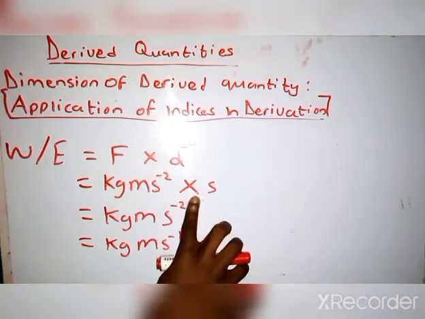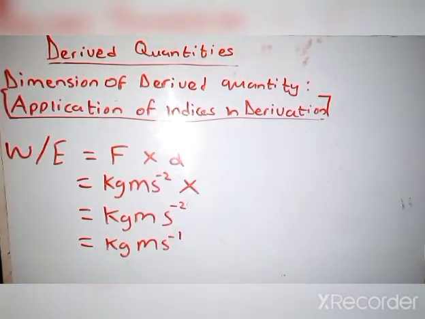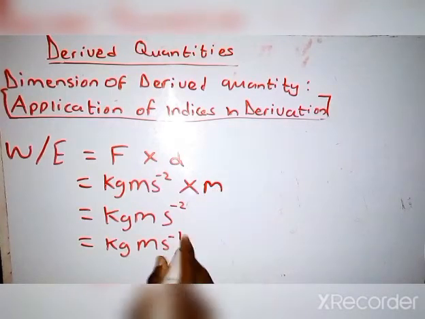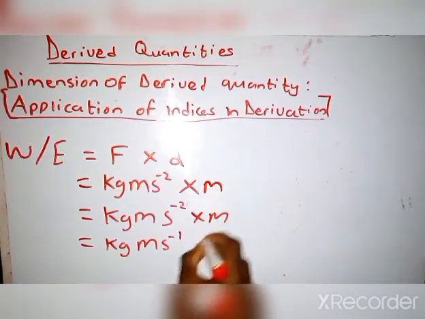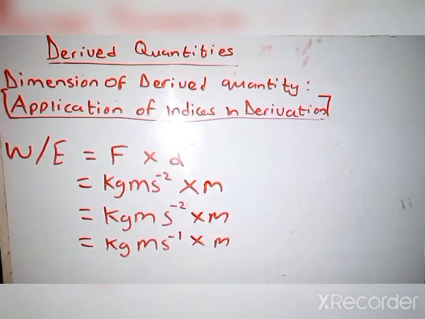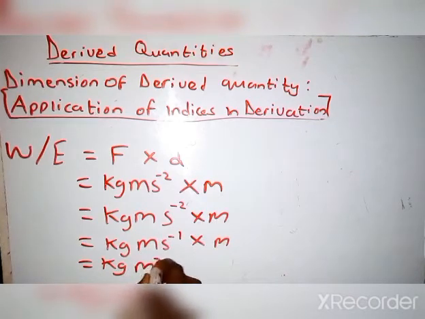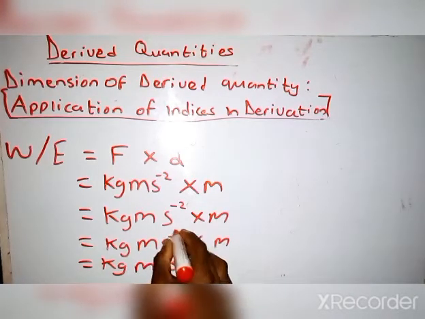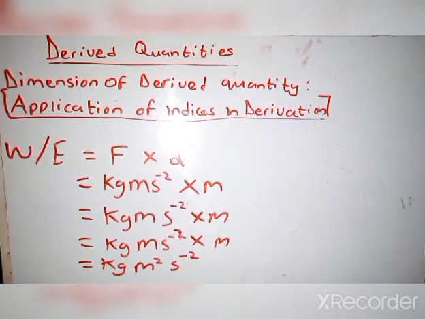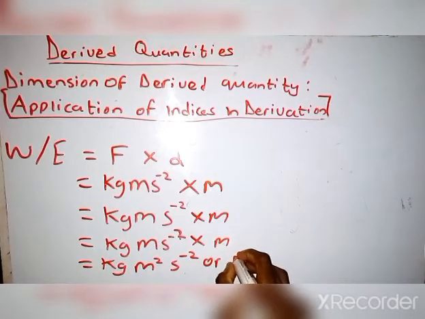Distance is in meter, not second. So we have times m. So here we now have kilogram meter square per second square. So this is the unit of work or energy, also called joule.